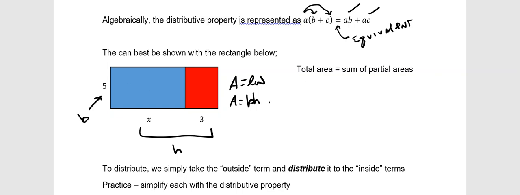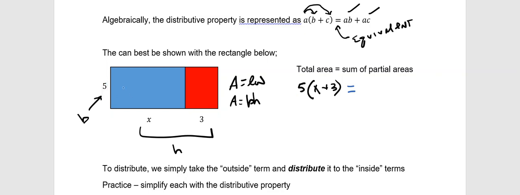So one way I can represent the total area is by saying the base, 5, times the height, which is a combination of x and 3. That's my entire area.